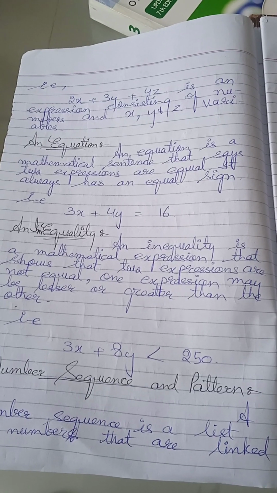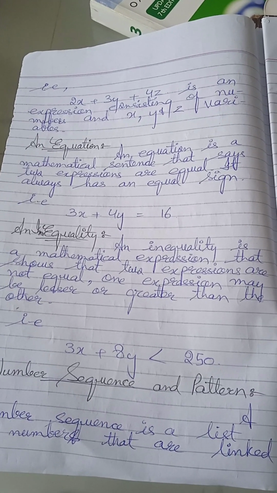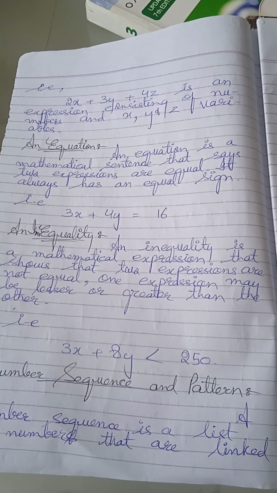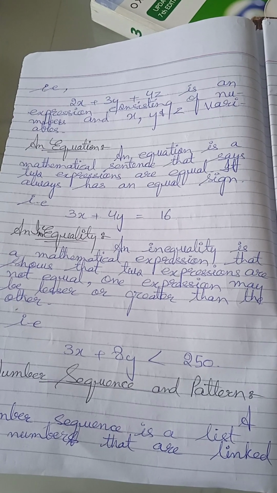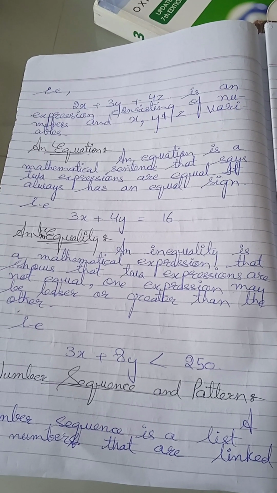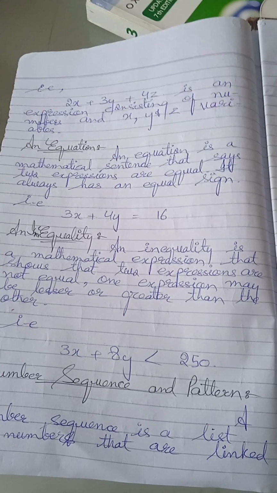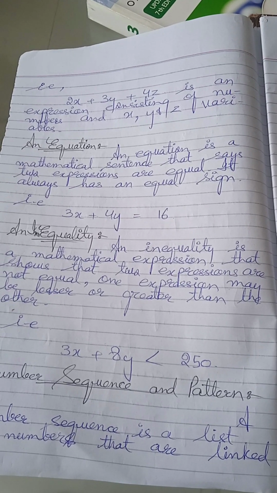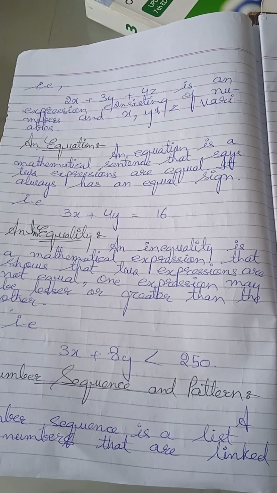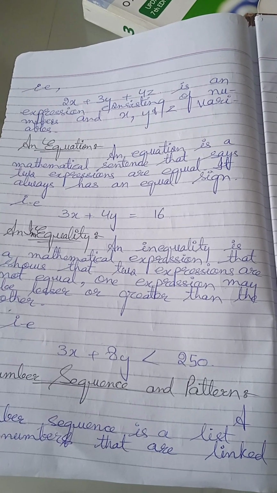In that expression, we have three variables, x, y, and z. With x we have coefficient 2, with y coefficient 3, and with z coefficient 4. So this is an expression.